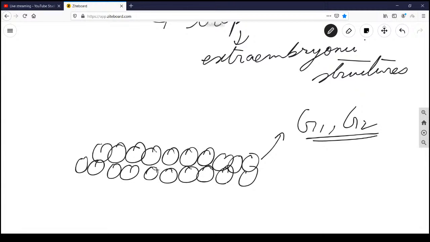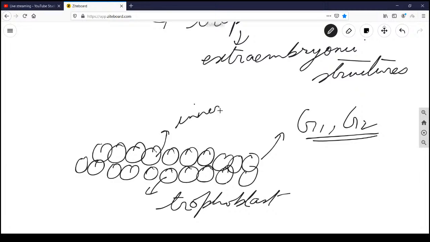By that time, you have multiple layers of cells. So the outer layer of cells facing the zona pellucida would most probably become the trophoblast. That is the inside-outside hypothesis. The outside will become the trophoblast, the inside cells will become the inner cell mass. So one of the reasons is this one.